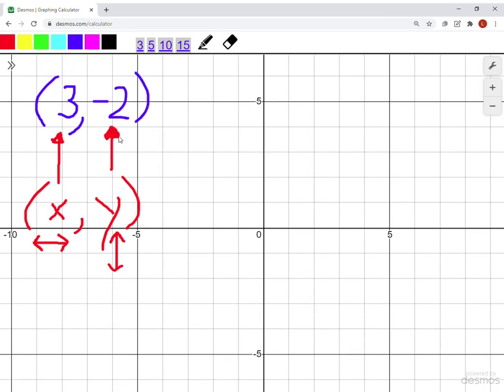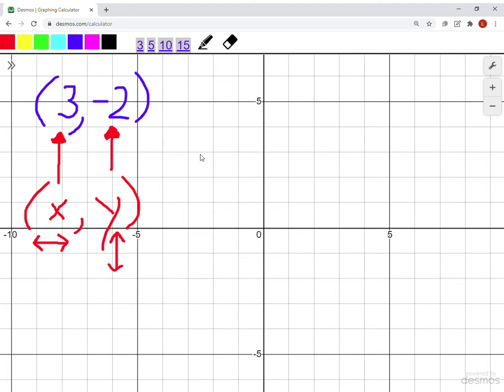So therefore, we need to think about these numbers as we move 3 side to side and -2 up or down. We'll talk about what those positives and negatives mean here in a second.